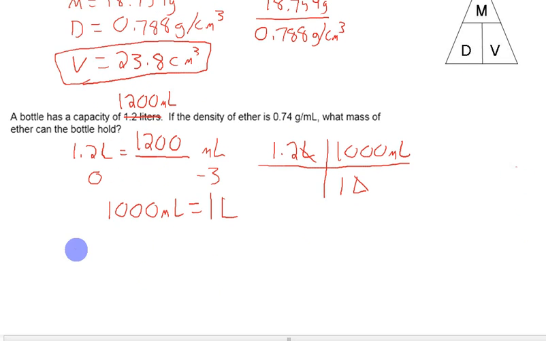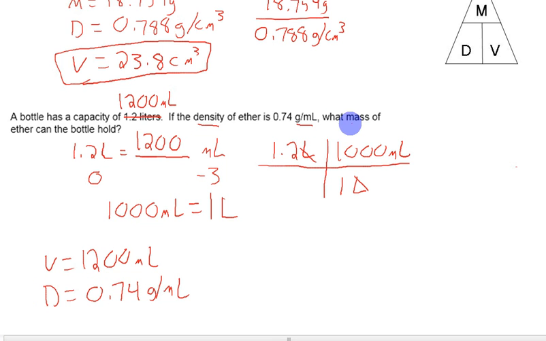Now I can use this to solve the problem. I know that my volume is equal to 1,200 milliliters. The problem says the density of ether is 0.74 grams per milliliter. That's a density, so I can write down my density equal to 0.74 grams per milliliter. What is the mass?